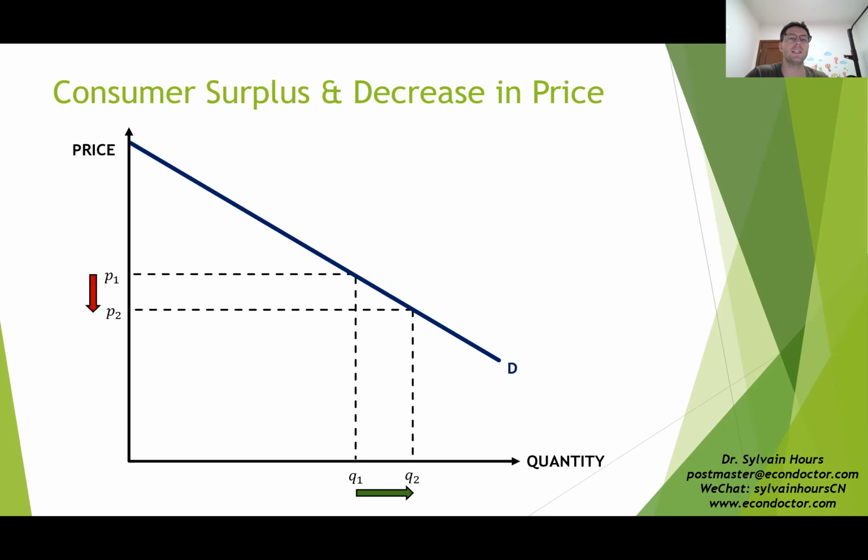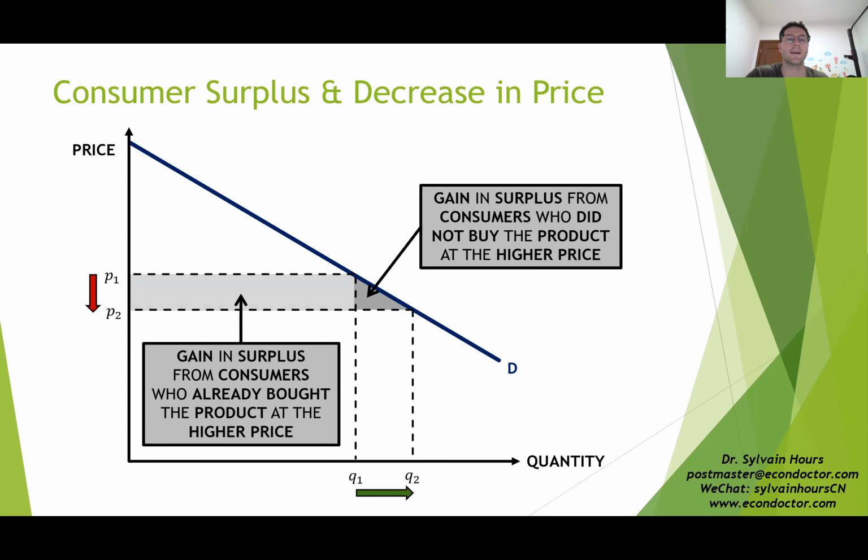Same thing if there is a decrease in price. So if the price decreases, of course, consumer surplus will increase. This is the gain, the increase in consumer surplus. And again, you can identify these two areas. This one is the gain in surplus from those who already purchased the good, even when the price was higher, and they still buy the product, of course, because the price is lower, but they make more surplus.